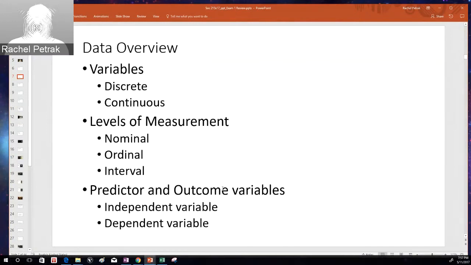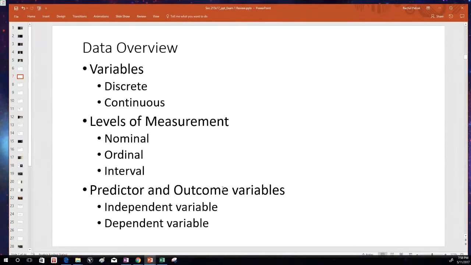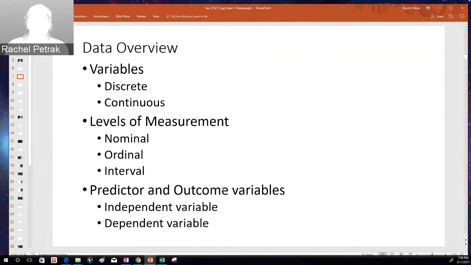The dependent variable is your outcome measure. The dependent variable is the one you are measuring. It's dependent on the independent variable.